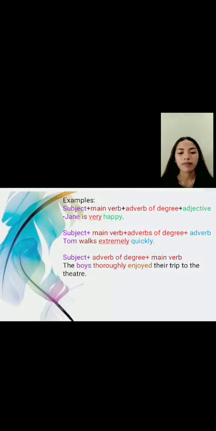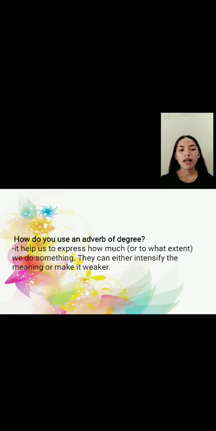So next. So how do you use an adverb of degree? So adverb of degree helps us to express how much or to what extent we do something. So they can either intensify the meaning or make it weaker. So intensify. So let's say for example, I am extremely hungry.